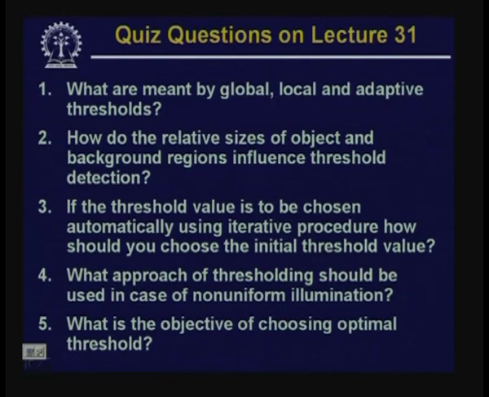The third question, if the threshold value is to be chosen automatically using an iterative procedure, how should you choose the initial threshold value? The fourth question, what approach of thresholding should be used in case of non-uniform illumination? And the last question, what is the objective of choosing an optimal threshold?